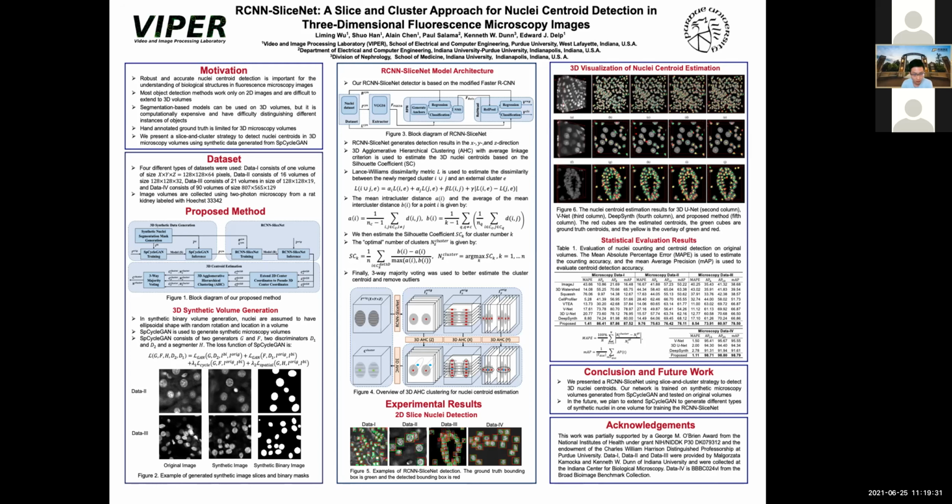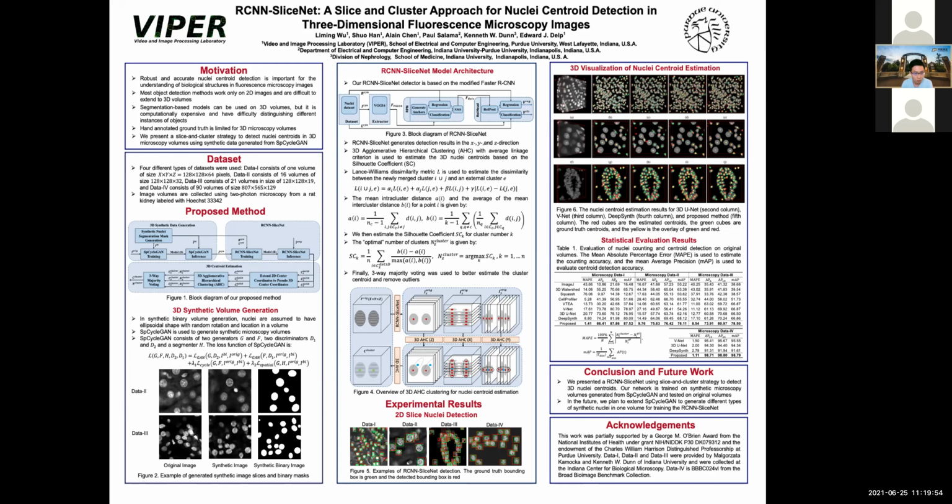In order to generate this mask, we model the nuclei as ellipsoids with different rotation and size. So we can randomly generate these binary nuclei and put them in random locations of an empty volume. And we can also control the density of these nuclei.